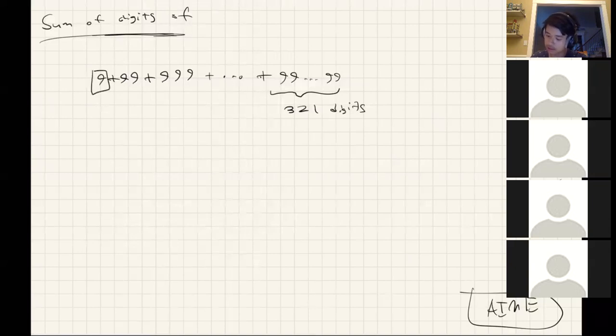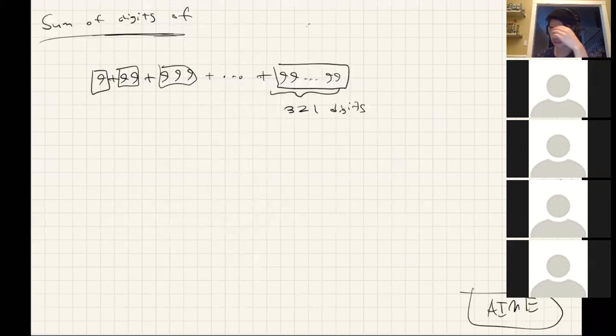Let's just pick up on the pattern. The first integer is 9, the second integer is 99, the third one is 999, plus blah blah blah, plus an integer that's 321 digits long and composed entirely of nines. I'm not going to say the full number, obviously.